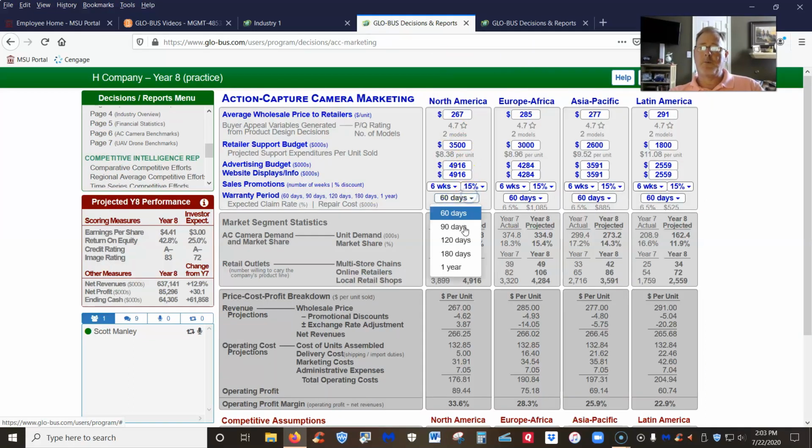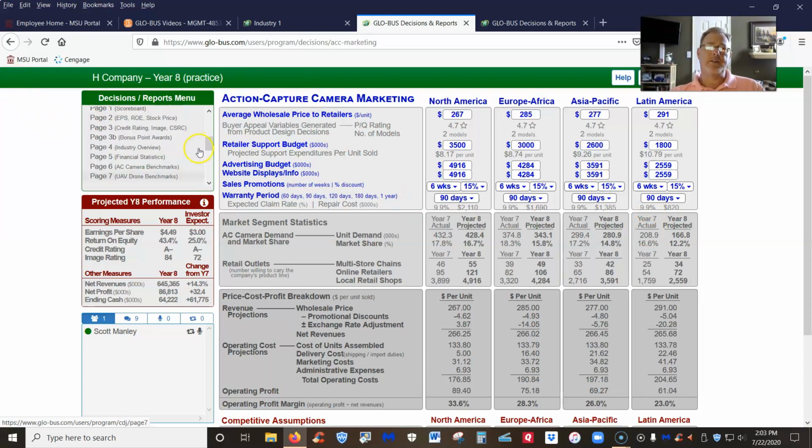So I'm going to come up on my warranty to 90 days. That's going to be slightly lower than average. I could arguably come up to 120 days if you wanted me to, so that I'd have a better than average warranty.